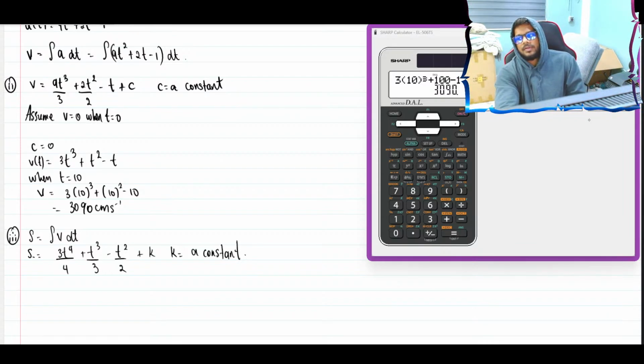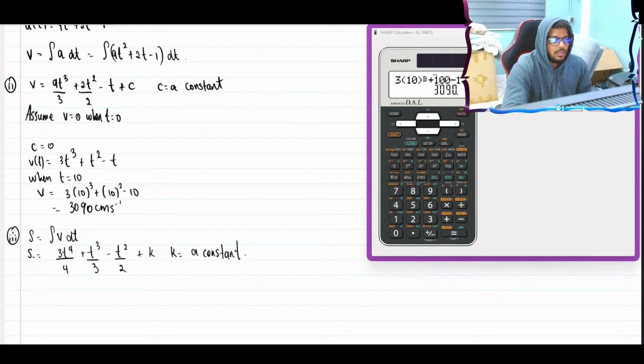Yet again, they didn't give us any conditions, so we could assume that when t is 0, s is 0, which will result in k being equal to 0. These types of questions could be quite tricky.